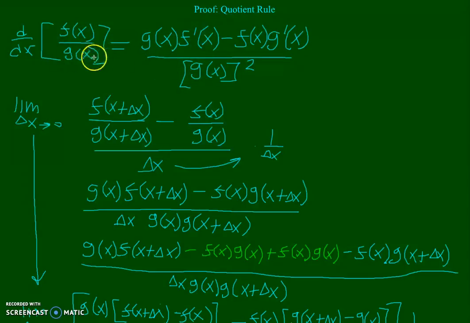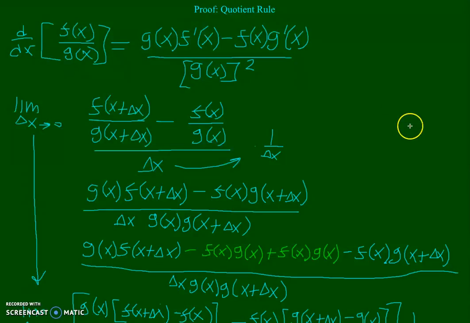If we call this expression the low expression and this expression the high expression, then the derivative quotient rule becomes a really easy thing to remember.